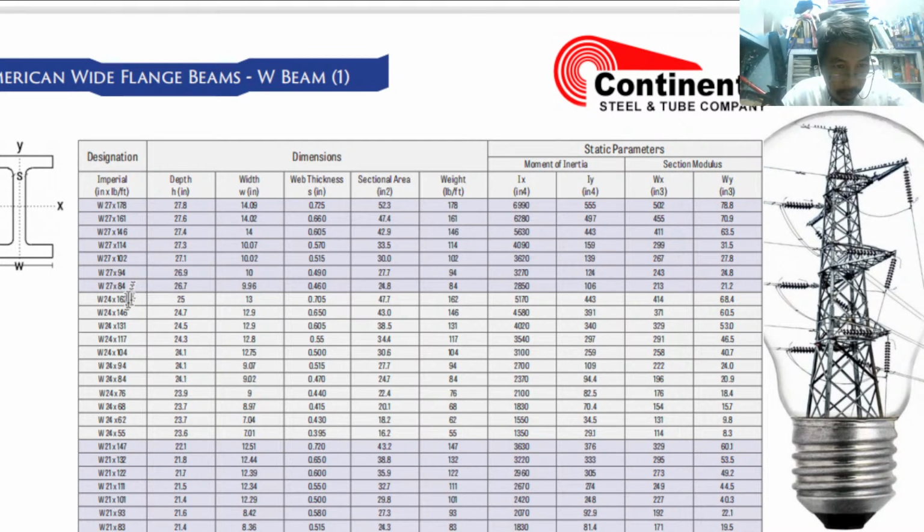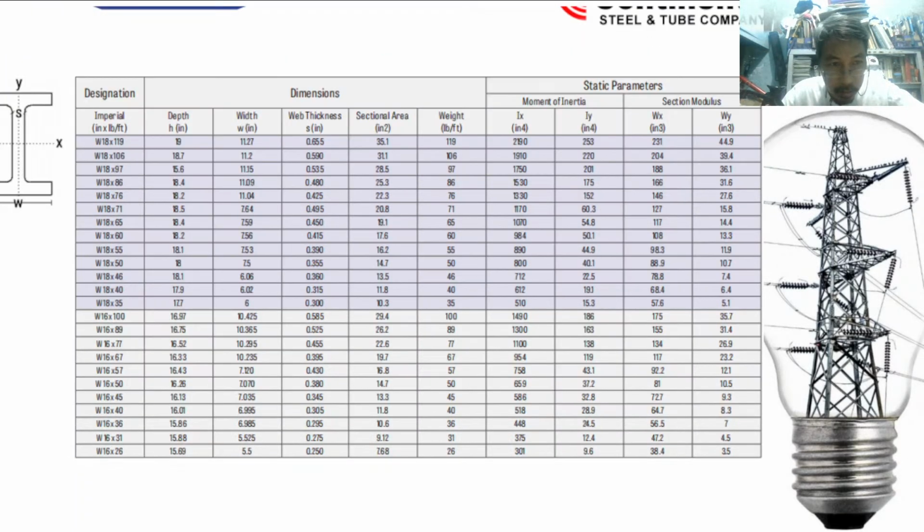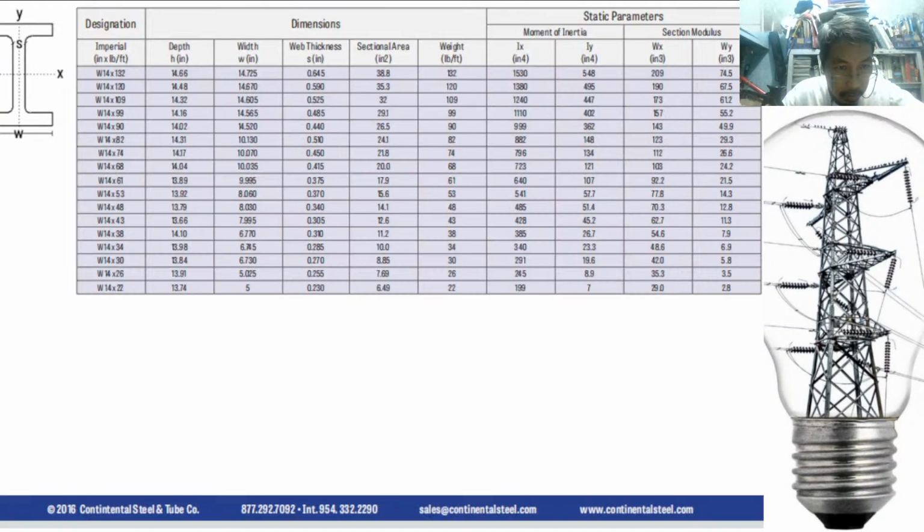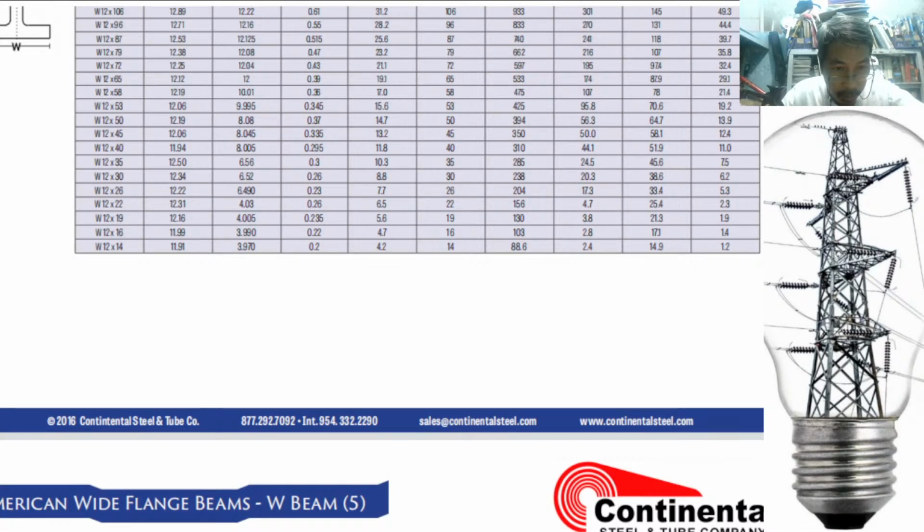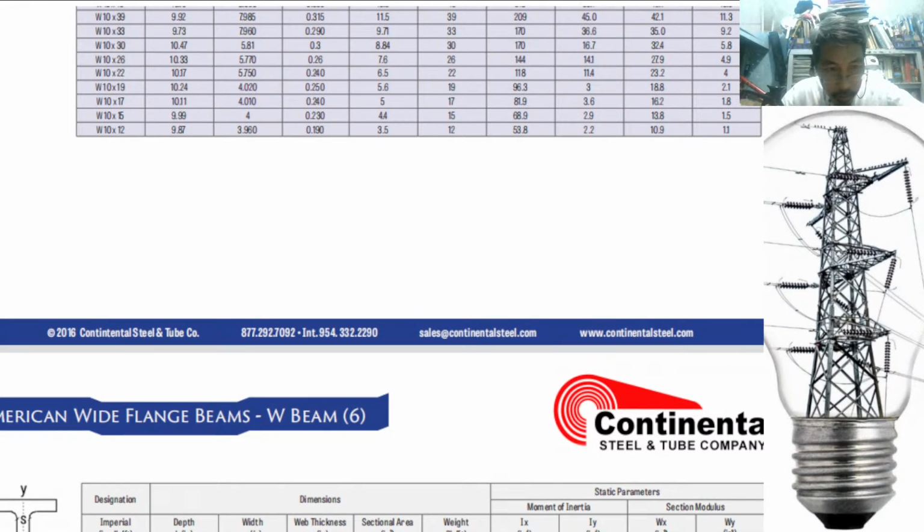So let's go back. We are being asked to find W10 by 45. Let us take a look downward. We are now on W12, maybe on the next page. So we have W10 by 45.